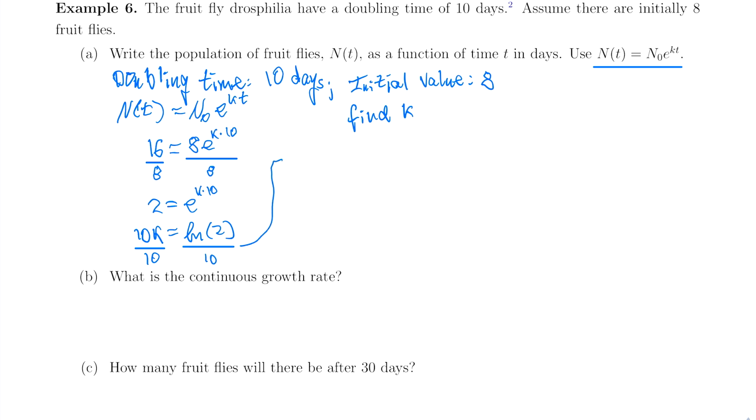So we find our answer by saying that our little k, mine doesn't look so little, is ln 2 divided by 10. And if we plug that in the calculator, we're getting a rounded number of 0.069315.